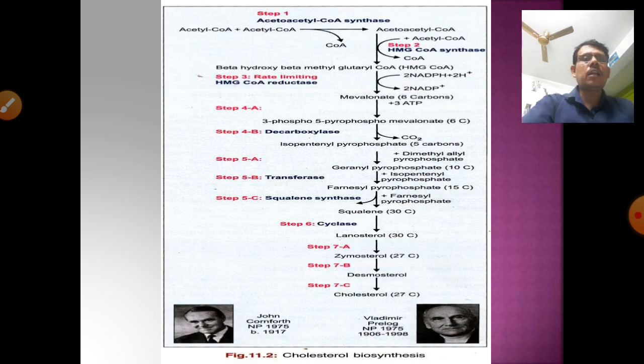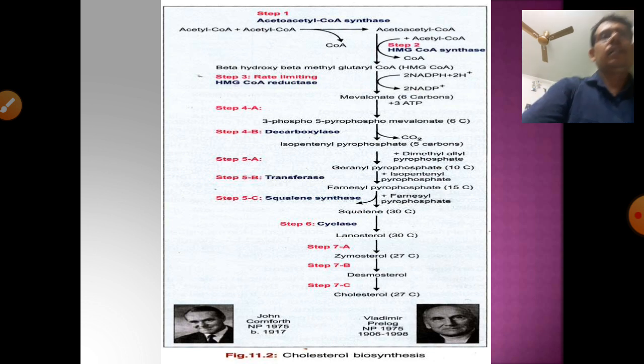Now let us start the synthesis of cholesterol. Basically it is synthesized in the liver, or it comes from the diet. It is synthesized in a way similar to ketone bodies. Two acetyl CoA, which come from either fats or carbohydrates, are converted in the presence of thiolase into acetoacetyl CoA.